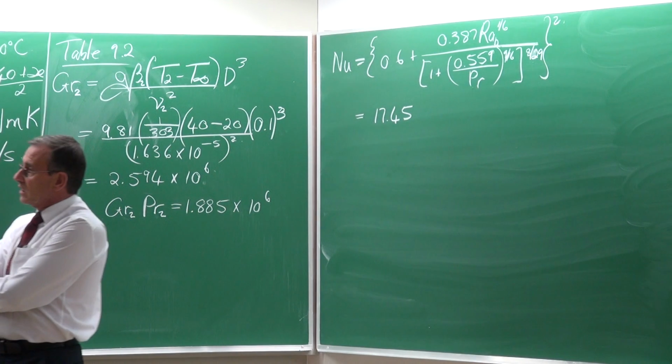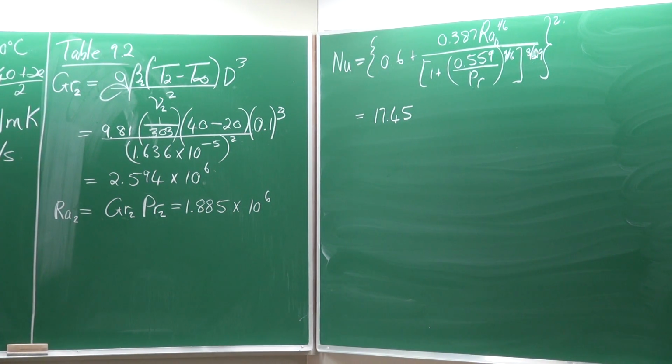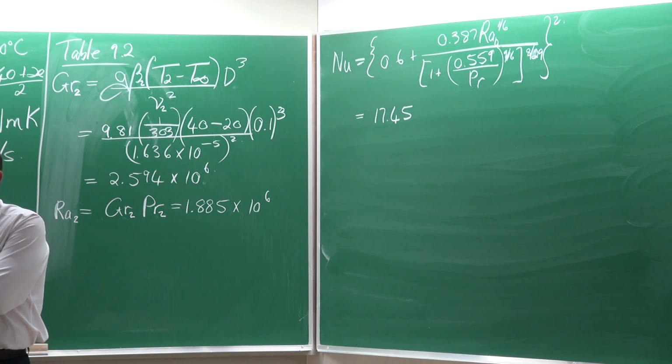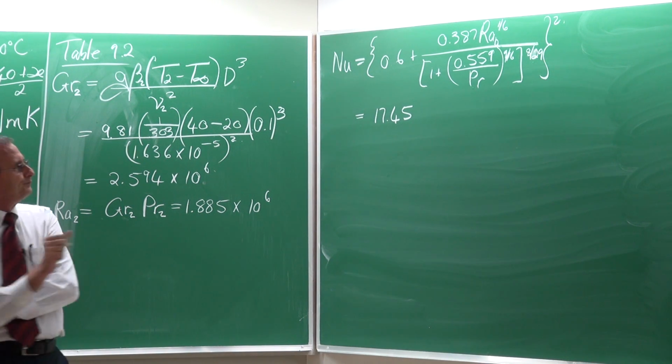Again, when you calculate something like that, always think about it. Does it make sense? Natural convection, yes. Up to 10, 20 values like that, but not normally thousands, not 10,000s. Also, it can't be smaller than 1. If it is, you must realize that you've made a mistake.